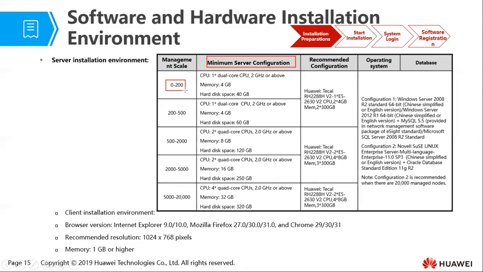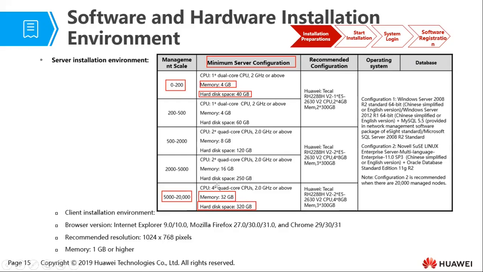For example, if you have less than 200 devices that you want to manage, you can use a server that has a memory of 4 GB and a minimum hard disk space of 40 GB. On the other hand, if you have about 20,000 nodes to manage, you need a minimum of 32 GB memory and a minimum of 320 GB hard disk.